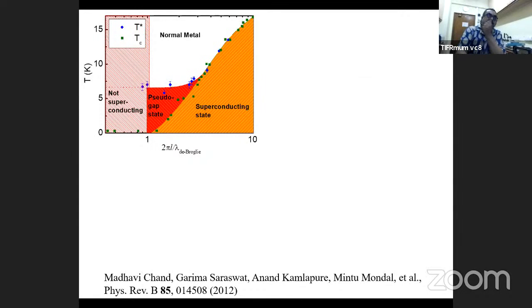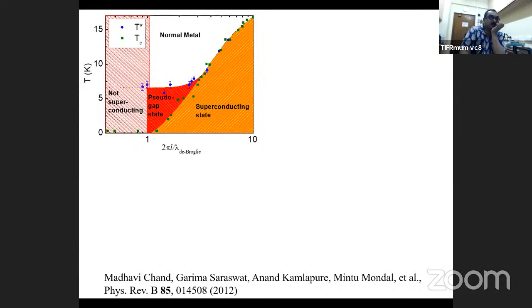So this is what we saw initially: when you make more and more disorder, here the measure of disorder is the mean free path divided by the de Broglie wavelength of the electron. The de Broglie wavelength of the electron is inversely proportional to Kf.